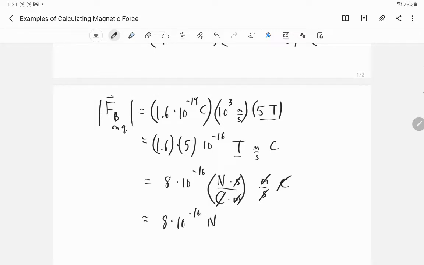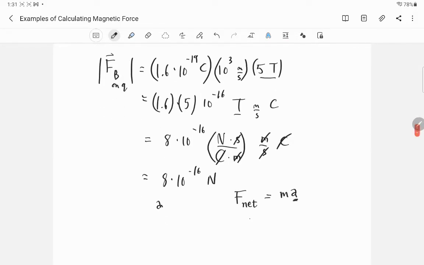And I told you that a 5 Tesla field is very, very strong. It is really, really strong, because this is going to give an acceleration, if you think about it. The net force on an object equals mass times acceleration. So if I want to solve for the acceleration, you take the force divided by the mass.